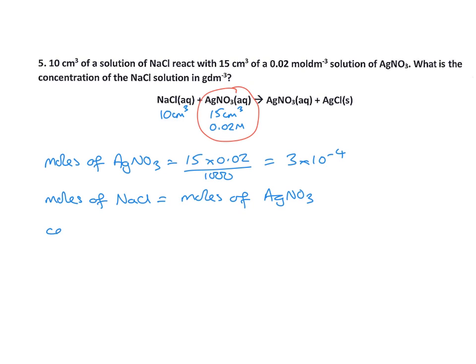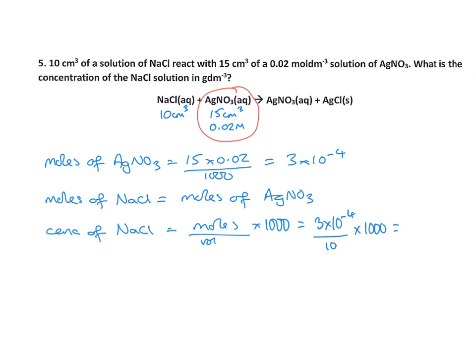We're then going to work out the concentration of the sodium chloride, which is going to be moles divided by volume times 1,000, which is 0.03.